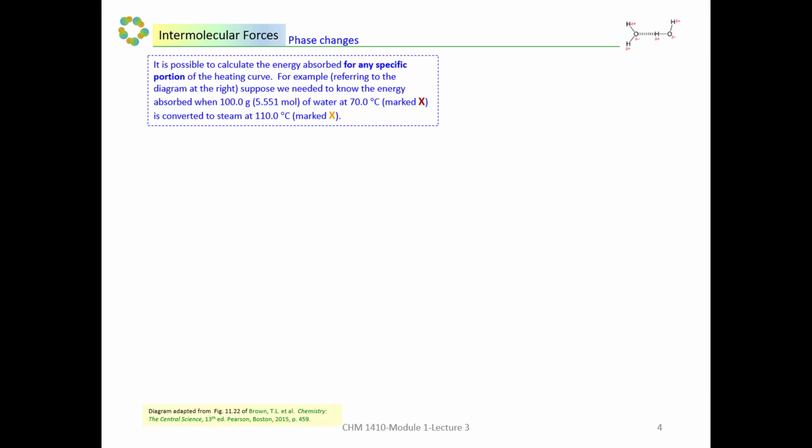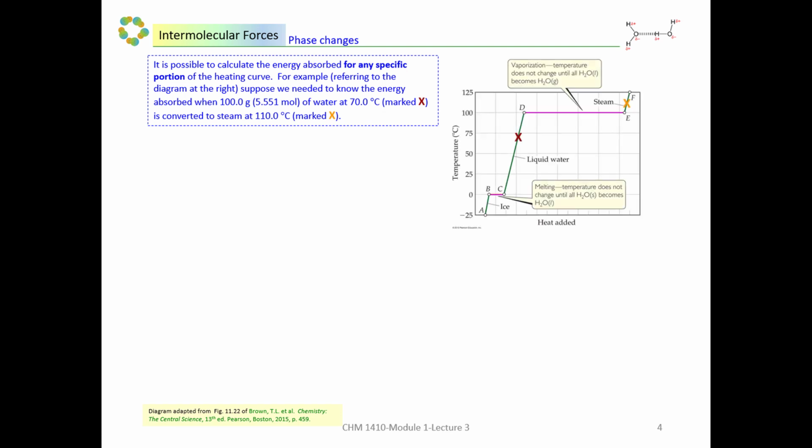It is possible to calculate the energy absorbed for any specific portion of the heating curve. For example, the diagram on the right is a reproduction of the heating curve from the previous slide.